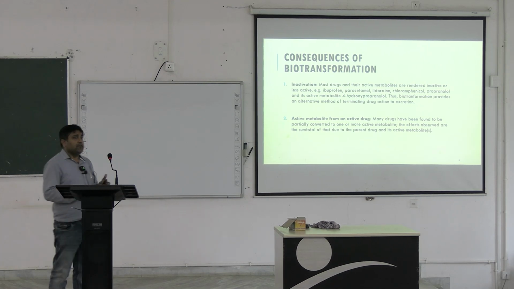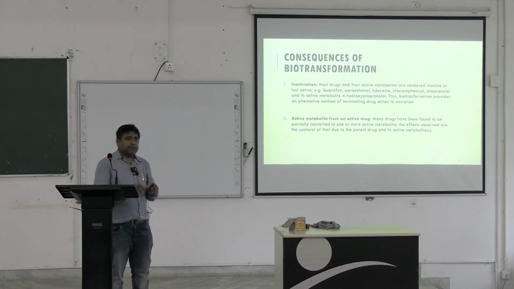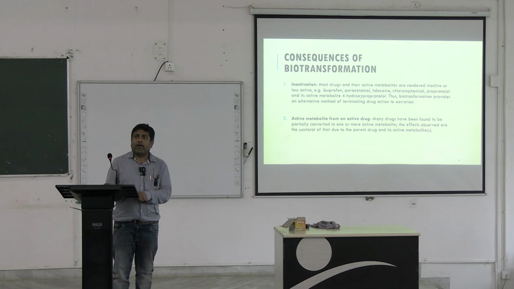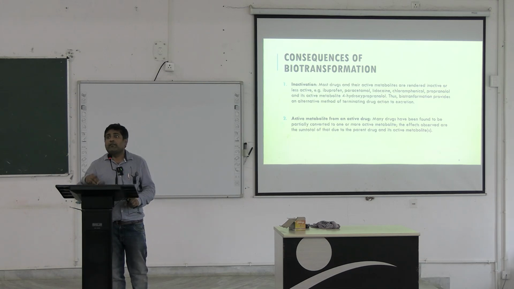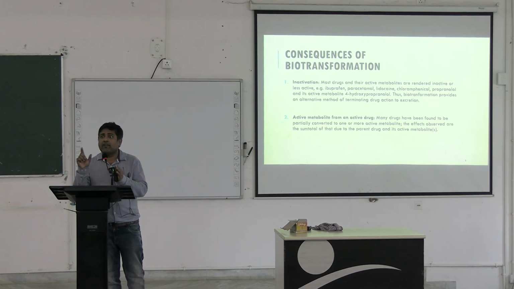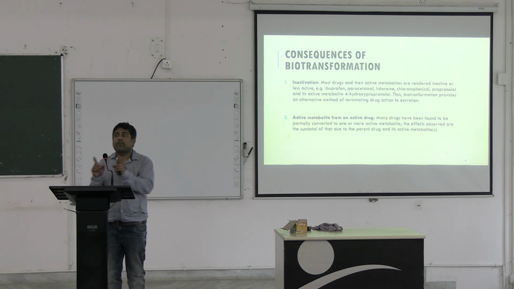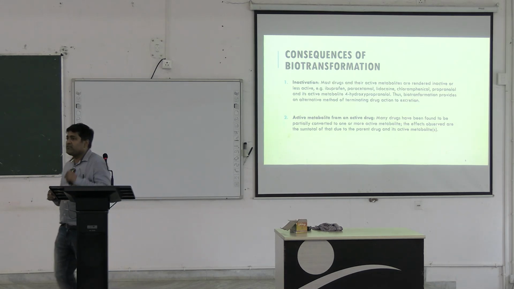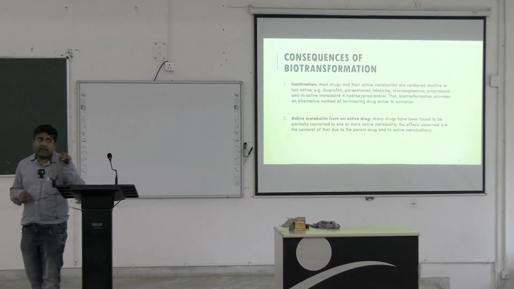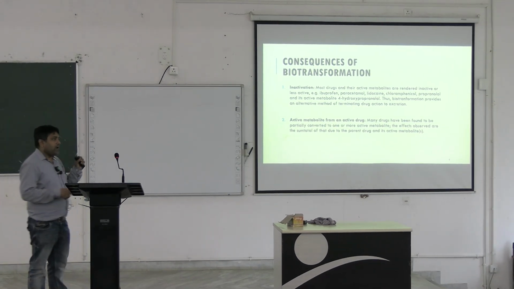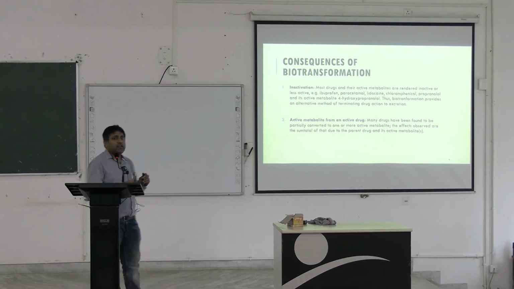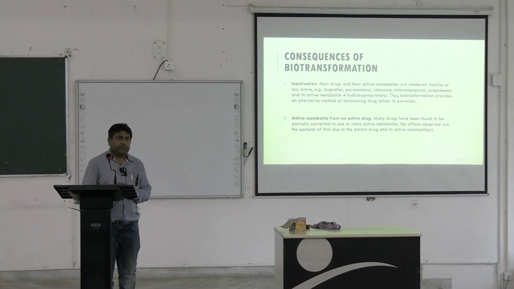Next, the drug was previously active. After metabolism or biotransformation, some other form of active drug is produced. So an active drug is converted to an active metabolite. Number three, the drug was inactive when taken, and after biotransformation, the drug became active.